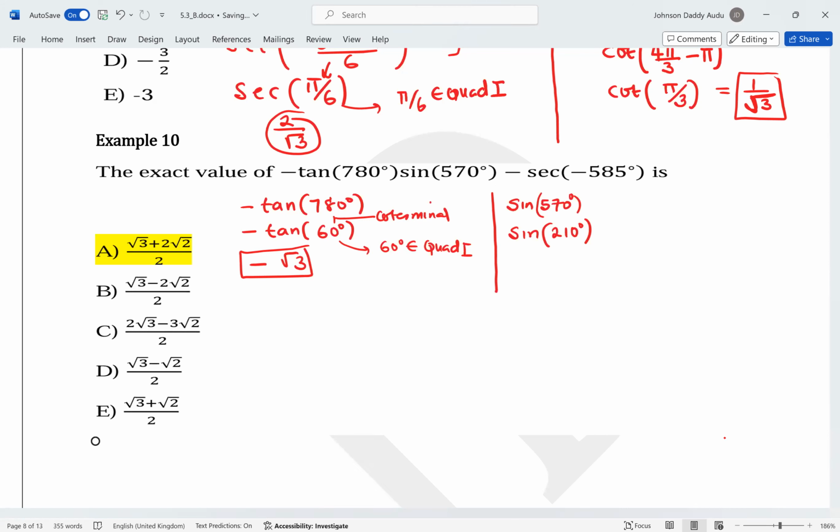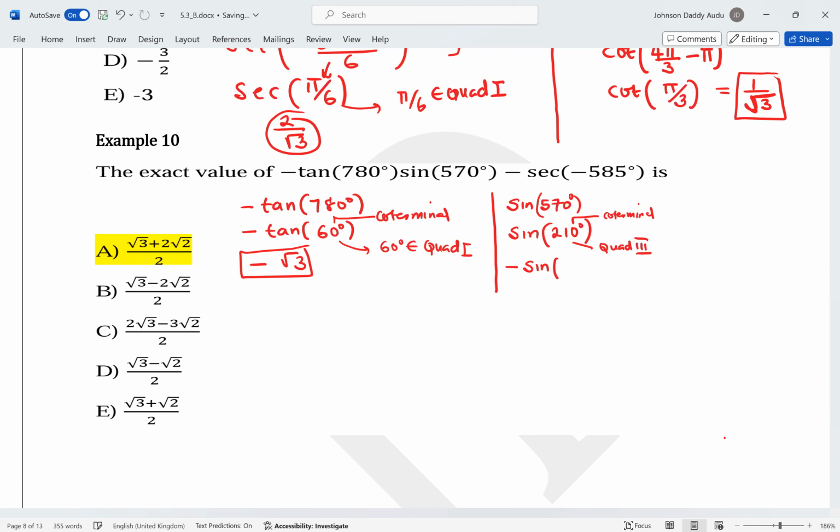So this is just the coterminal. All right. Now, please listen here. This is 210, but 210 is in quadrant 3. Since sine is negative in quadrant 3, this will become minus sine.